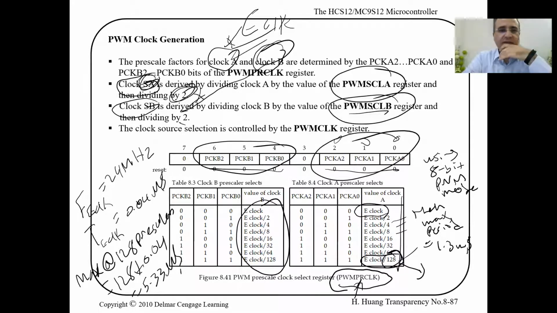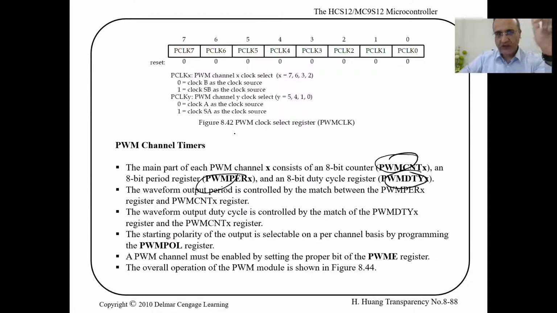Okay. The clock source selection. How do you say I want to use clock A or B, or sub A or sub B? This is controlled by the PWM clock register. And if you can see, you don't have full liberty to choose what clock source you want.